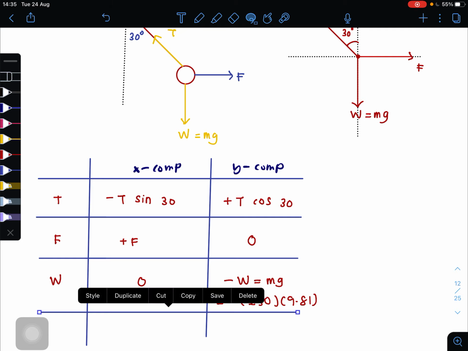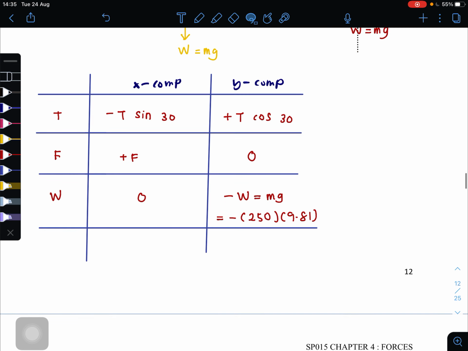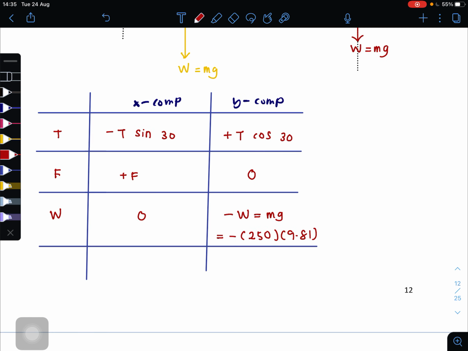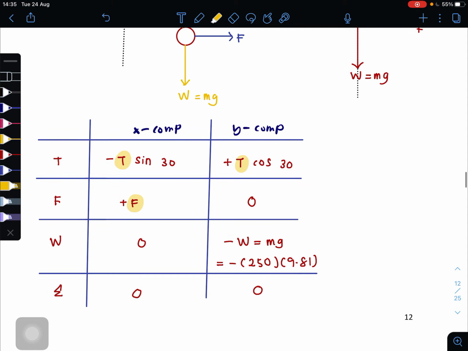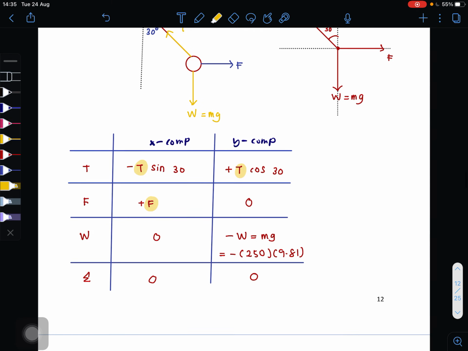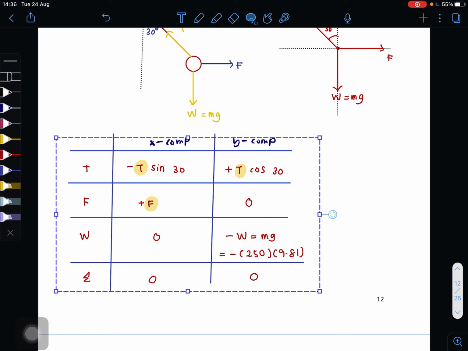Okay, we can directly put in the value here. So later when we write out the equation, we are not going to get confused. And then the sum here must be 0, here too, and equals zero. Okay, so now what we want to find is the value for T and the value for F. Okay, so let me make this smaller.